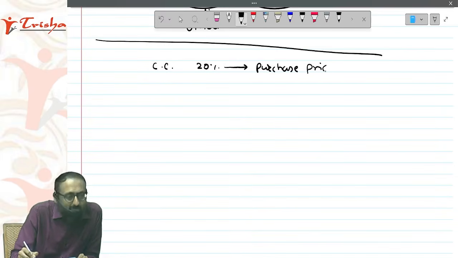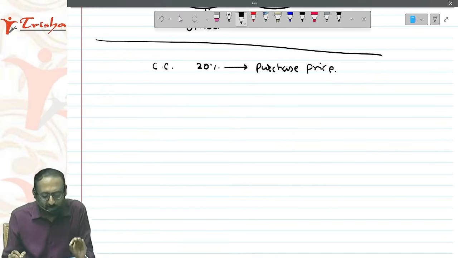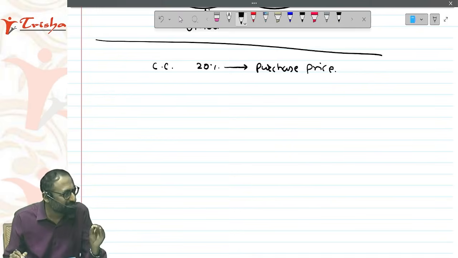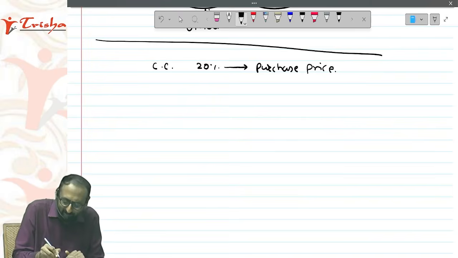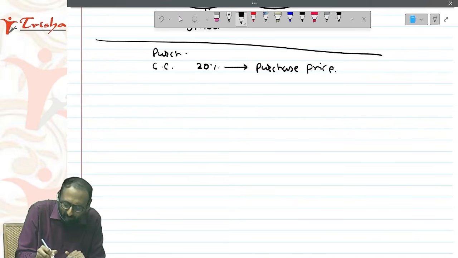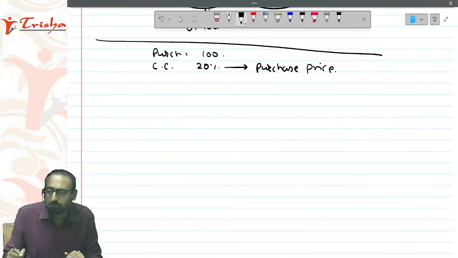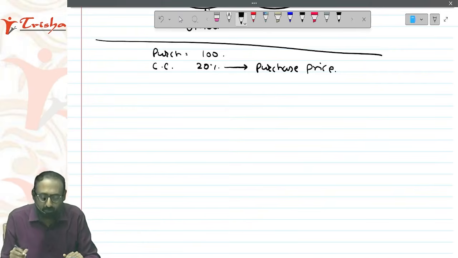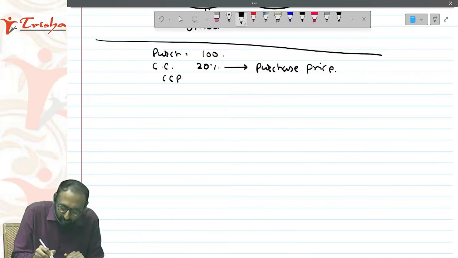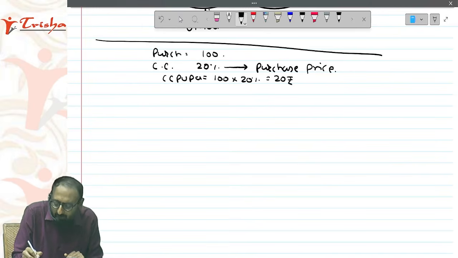Do you agree with this? Say for example, purchase price of that raw material is 100. Then how much will be the carrying cost? Carrying cost per unit per annum will be 100 multiplied by 20%. Is it 20 rupees? Yes or no?